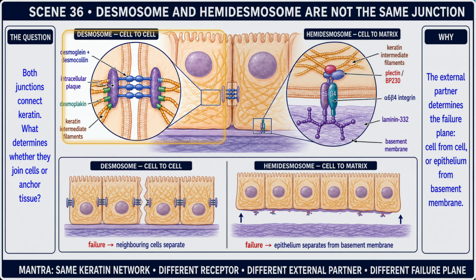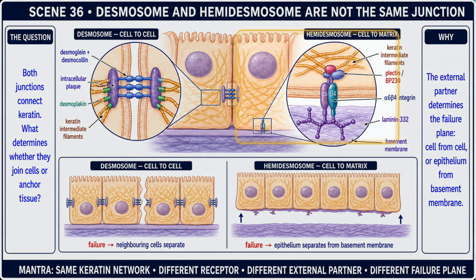On each cytoplasmic side, an intracellular plaque containing proteins such as desmoplakin connects that junction to keratin intermediate filaments. Force can therefore pass from one cell through the desmosome into the keratin network of the next cell. If the junction fails, neighboring cells separate from one another.